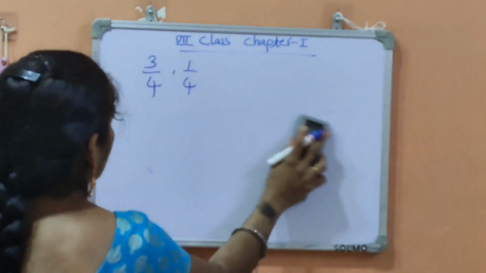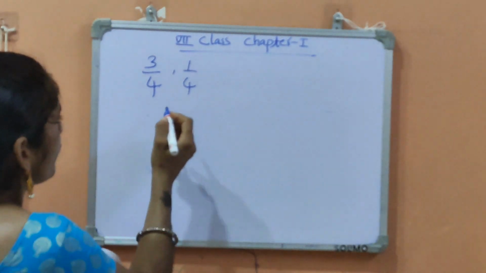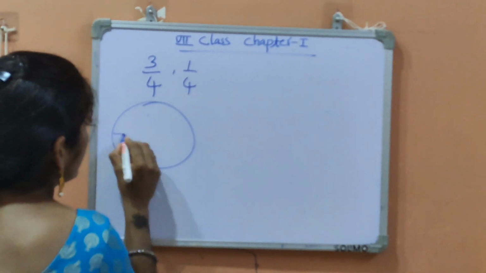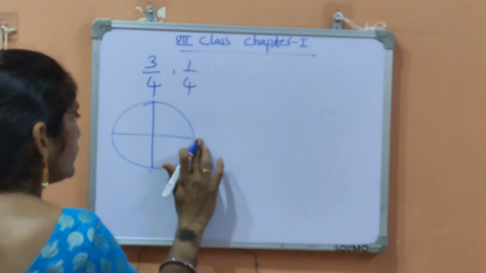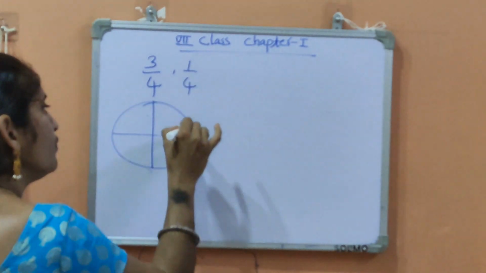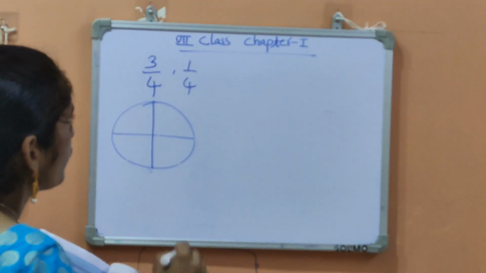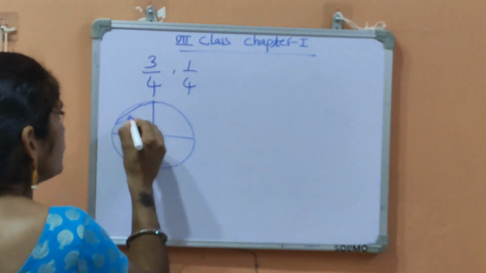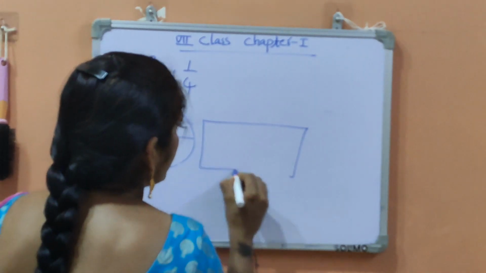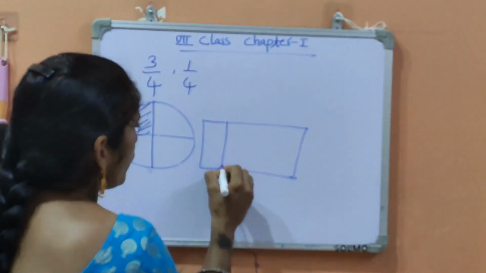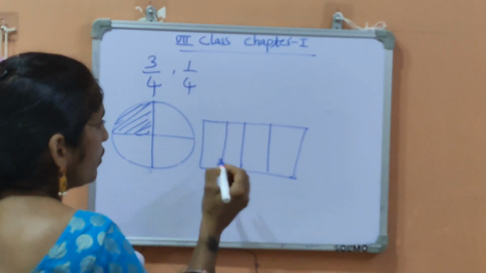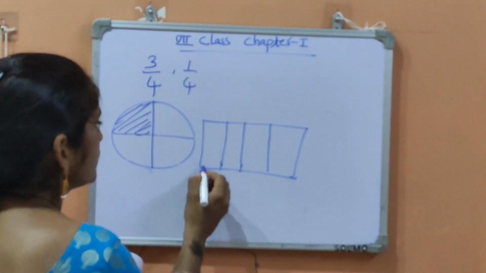Now we are going to show 1 by 4. This one also, if we take a circle and divide it into 4 equal parts, so denominator 4 means we divide the whole into 4 equal parts.